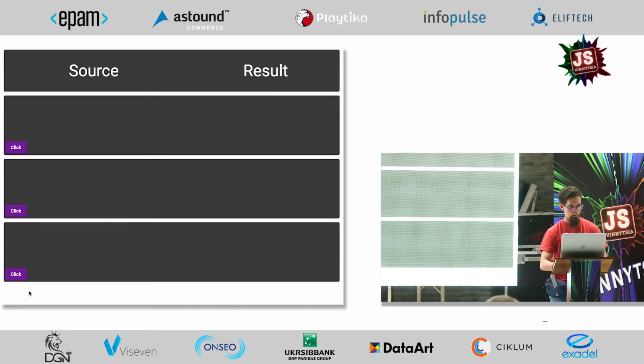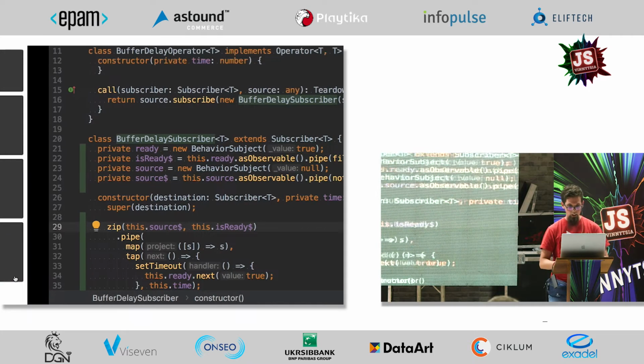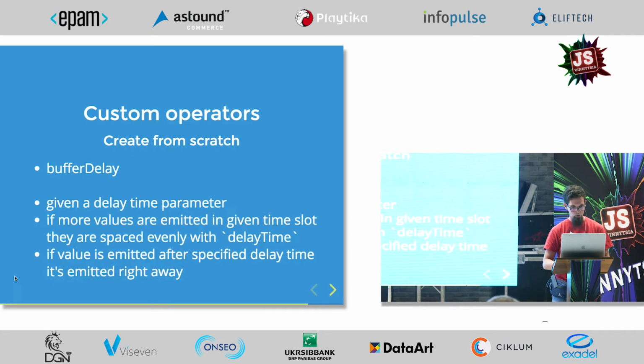So I click once, it works. I click twice, it works. 1, 2, 3, it waits. Awesome. 1, 2, it waits again. Okay, so this is basically what I wanted to show you. For the time being, I think it's enough.